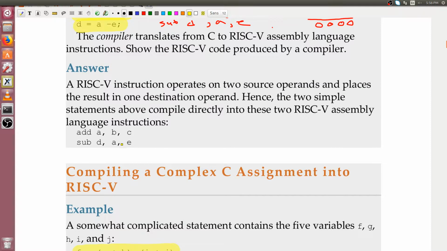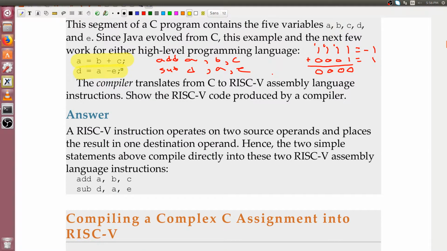It's because E itself is not a negative number. It's a positive number. In this scenario, we're looking at two numbers where A is positive and E is positive.